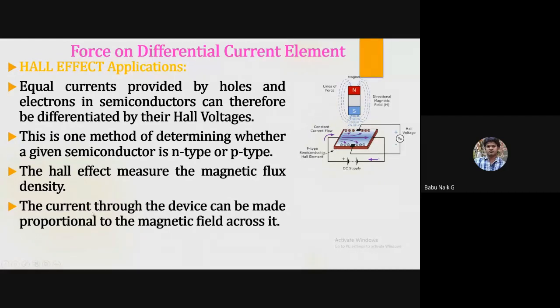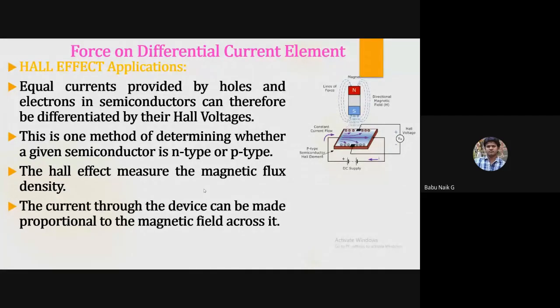This Hall effect you can keep on any sensor side also, and it will measure the magnetic field. And this Hall effect can be used for measuring rpm, that is, the speed of a motor.